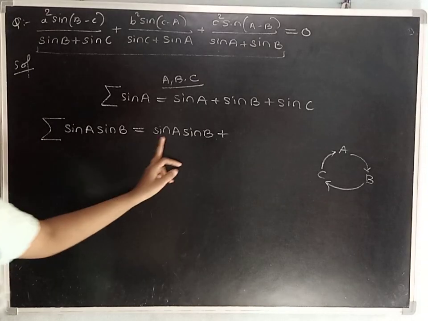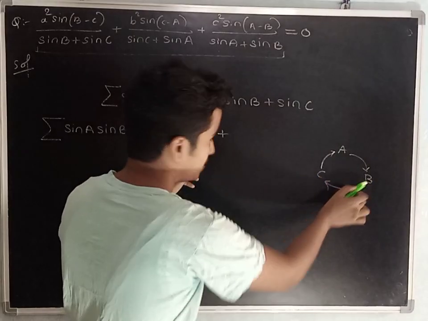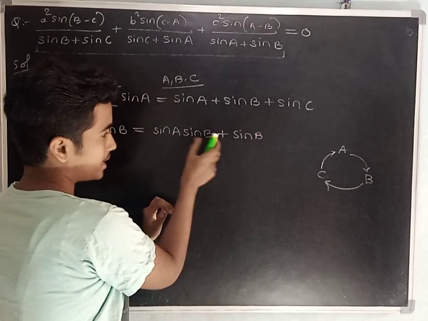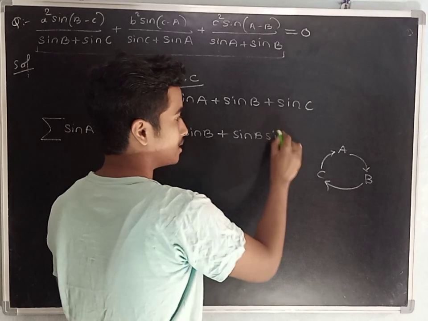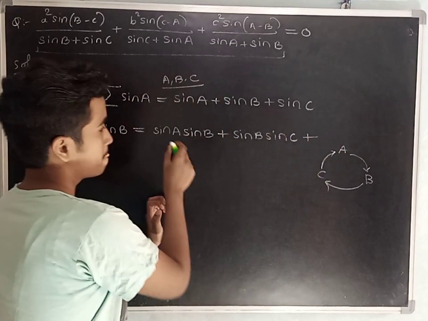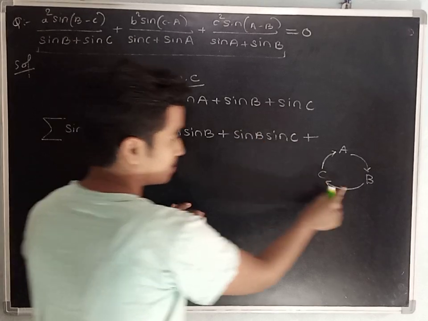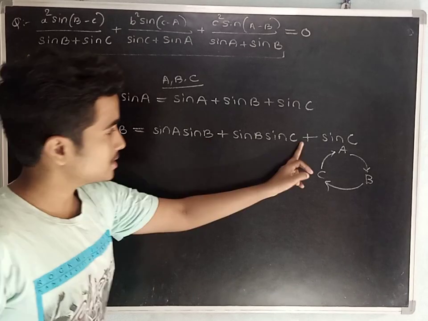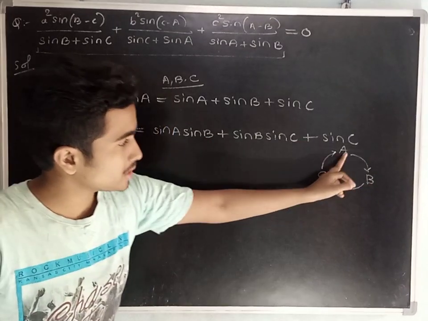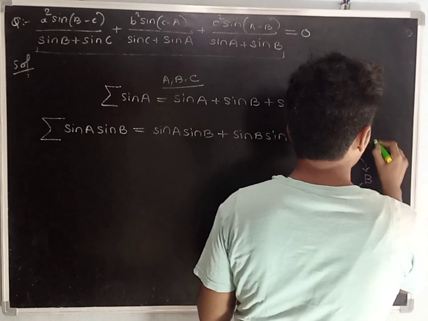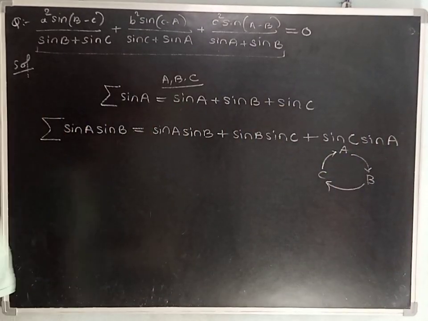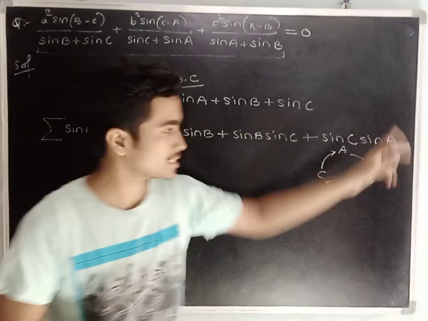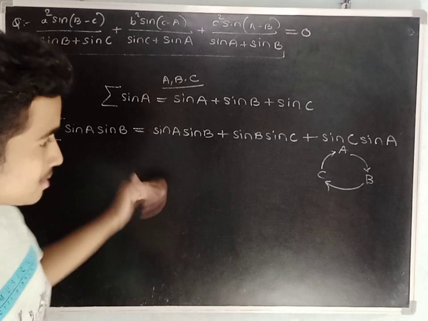After a we get b, after b we get c, sine b sine c, and after c comes a, sine c sine a. Sigma sine a sine b is nothing but sine a sine b plus sine b sine c plus sine c sine a. This is what we have discussed.